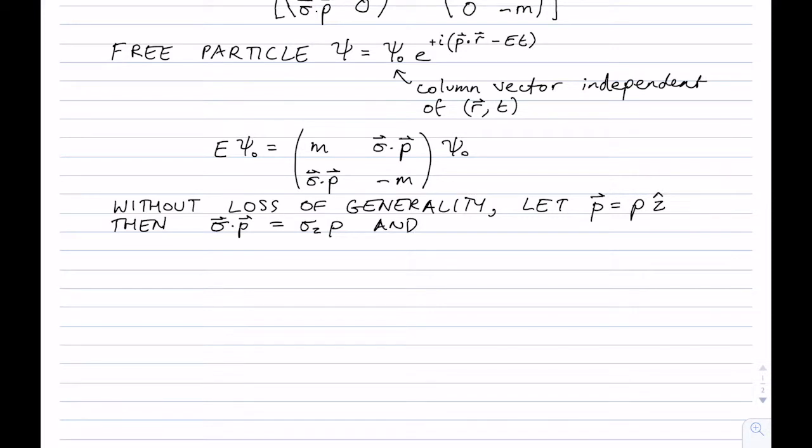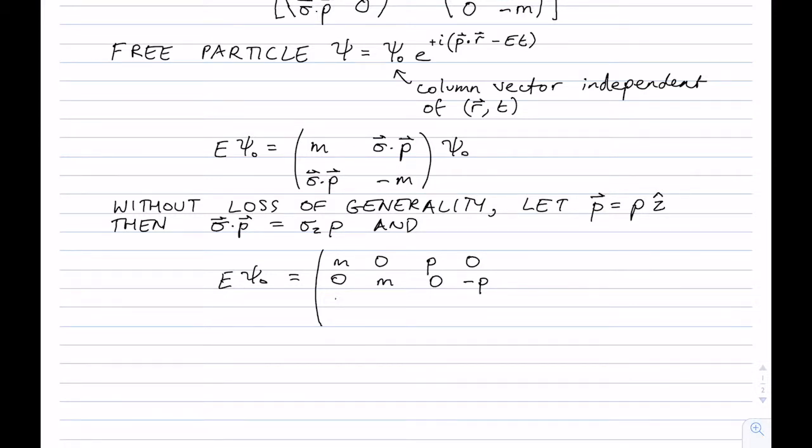And I will get E psi naught is equal to, now I want to write this as a 4x4 matrix. So m is m times the identity matrix. Sigma dot p is sigma z times p. So sigma z is 1, minus 1, if you remember. So this will be p, minus p.